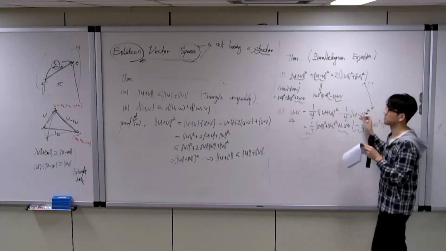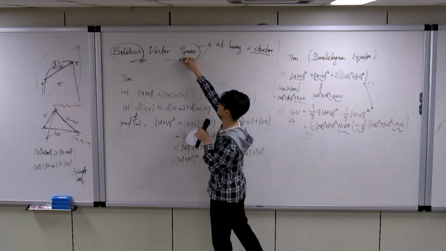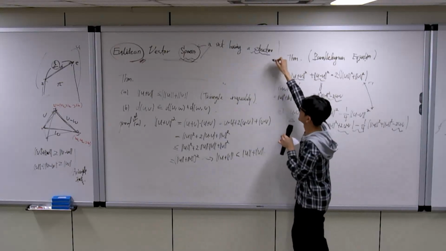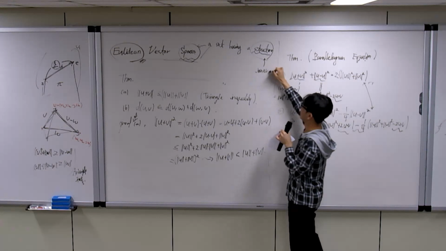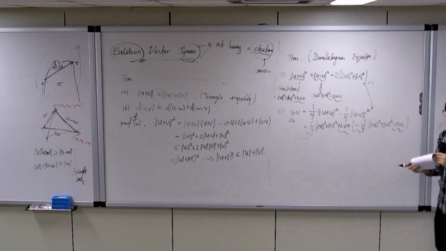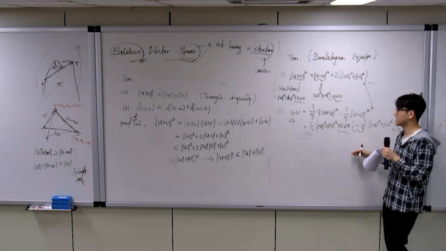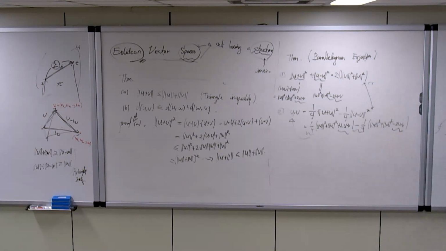It is called an inner product space: firstly I said the space has structure, and if the structure is an inner product, then it is called an inner product space. In this space, these two equalities are very important, and they hold in every inner product space.